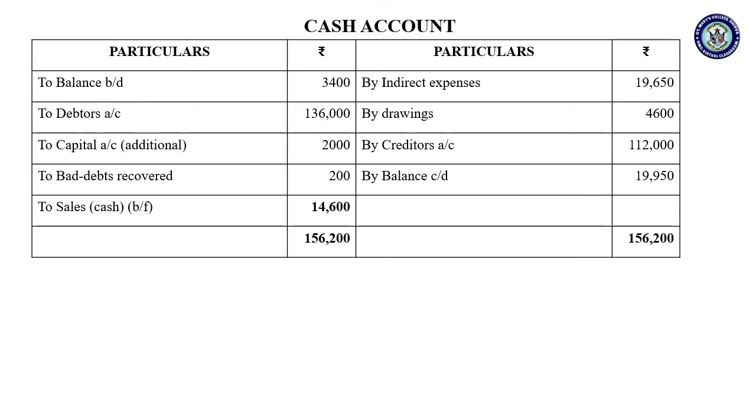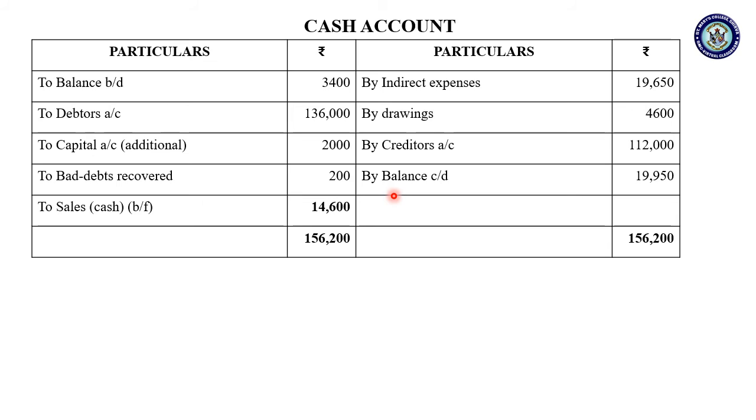Now total sale means cash sale and credit sale. Here you come to know your cash sale. See here, your cash sale is 14,600. So if you find your total sale, then you can come to know your credit sale.